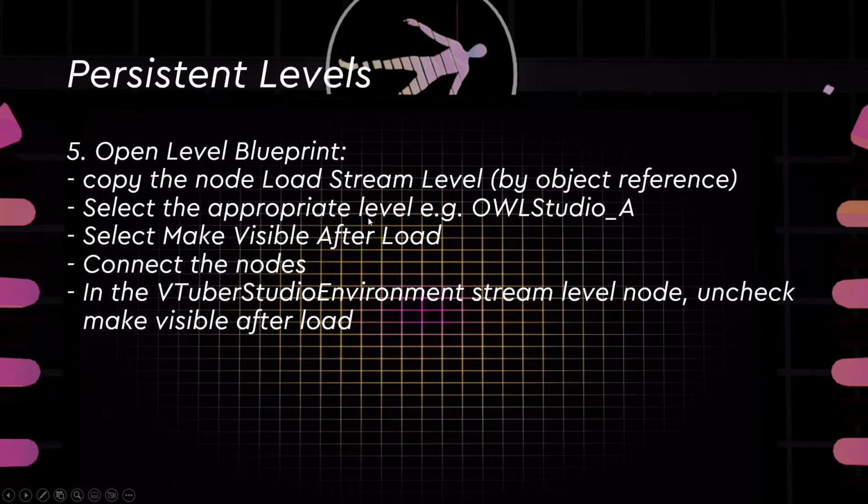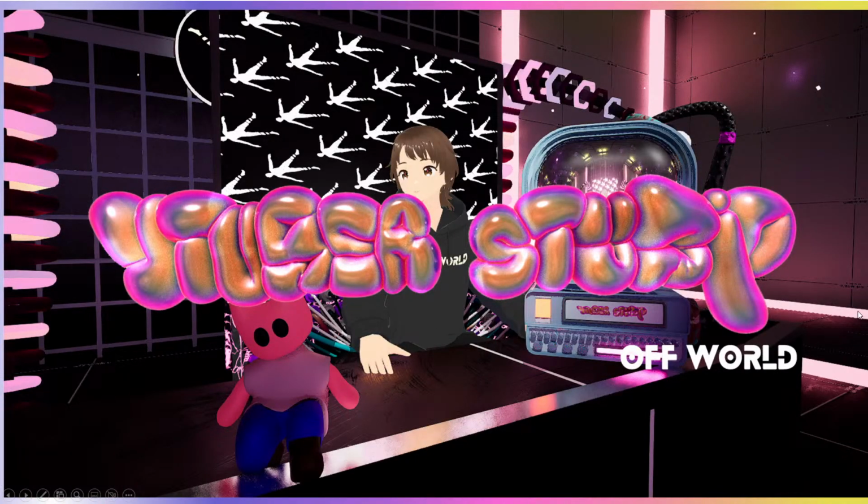And then on Level Blueprint, we'll be copying one of the nodes and just changing it into the selected level. Make sure that's visible after it's loaded, and connect the nodes. So we'll be following these steps today and reproducing it from scratch. So I'm going to start now.